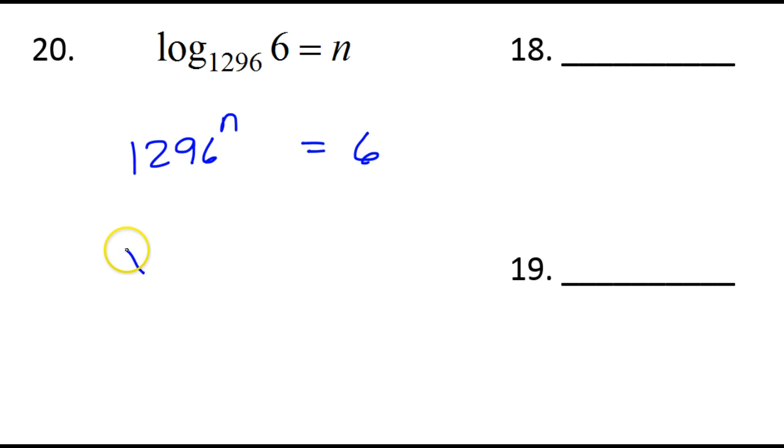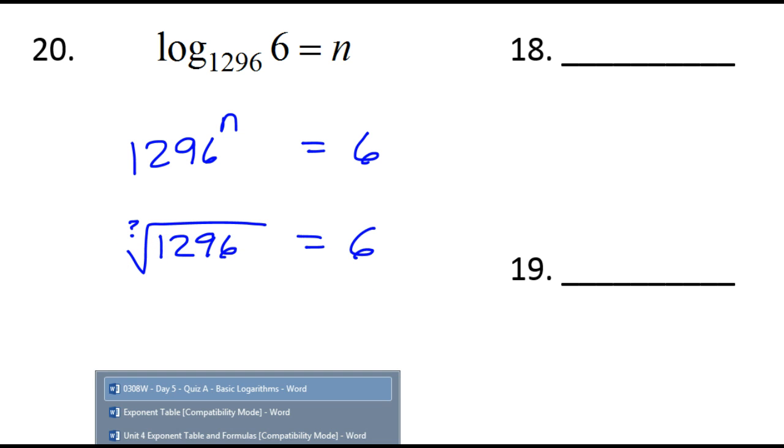That means what we're really dealing with must be some kind of a root. 1,296. It must be some root. So what root is turning, I shouldn't just put an n there, I'm just going to say question mark. What root is going to turn 1,296 into a 6?